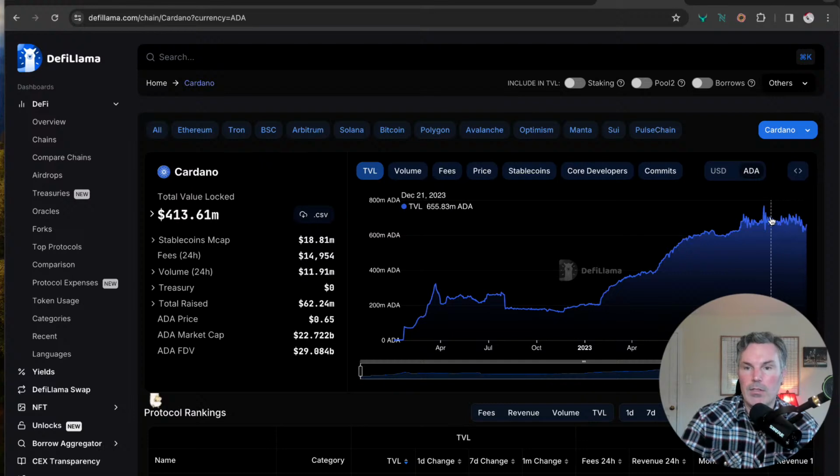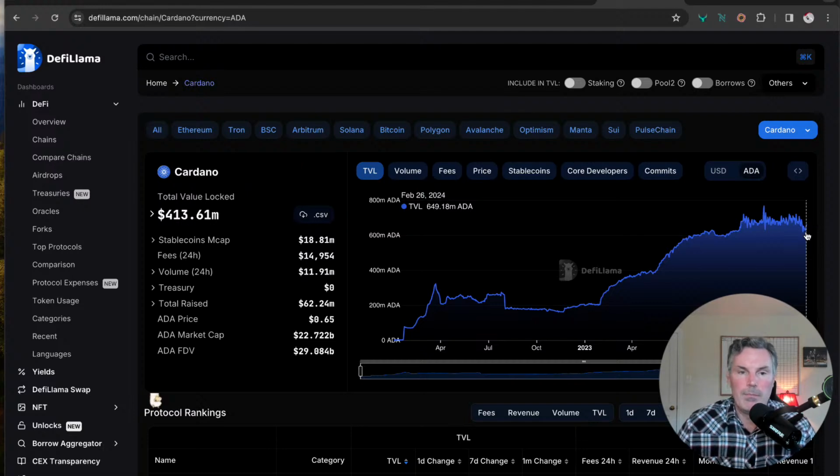It hovers from the upper 700s million ADA down to about 650 million ADA currently locked in its ecosystem. And frankly, this number is not calculated properly because Cardano is something unique and different among all crypto projects.